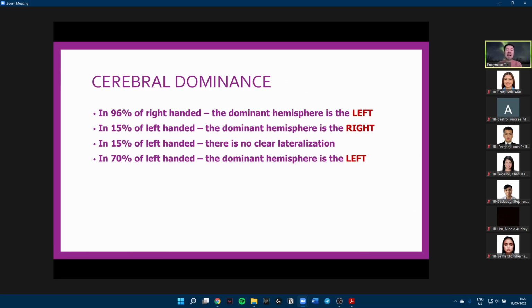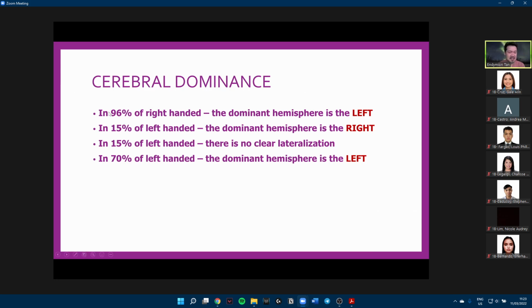Now, let's talk about hand dominance. Most of us, di ba, right-handed tayo. And 96% of right-handed people would have the left brain as the dominant hemisphere. Only 15% of left-handed people would have the right brain dominant. 15% of left-handed people would have no clear lateralization, pwedeng right, pwedeng left. 70% of left-handed people would have the left brain as the dominant hemisphere.